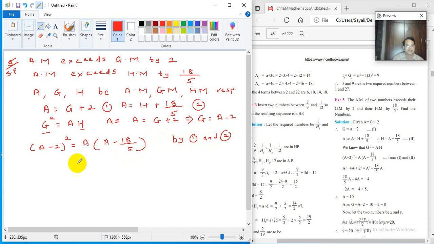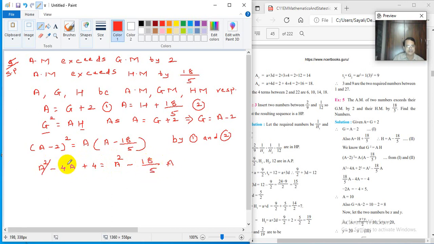Okay. Now all this is in terms of a. So what is this, a minus 2 bracket square. You can simplify this. This is a squared minus 4a plus 4 is equal to, on this side you have a squared minus 18/5 into a.